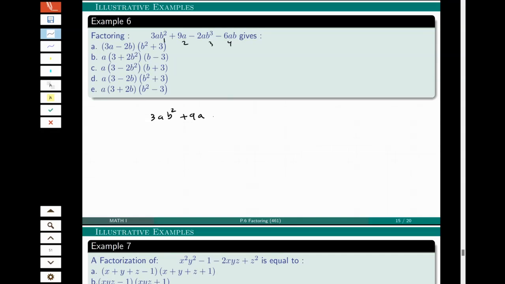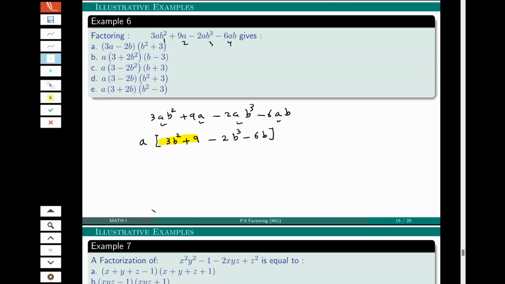I have here 3ab squared plus 9a minus 2ab cubed minus 6ab. I have a common factor a. I'll take it common factor. I get 3b squared plus 9, and here minus 2b cubed minus 6b.